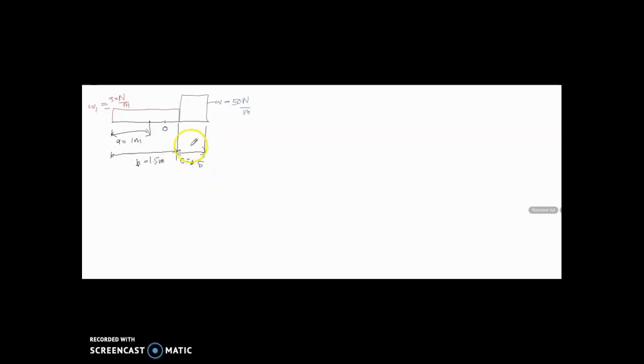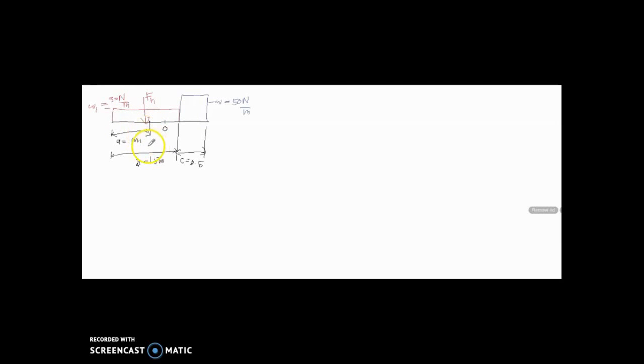From here, let's say for the first one, you need to find the force resultant of this distributed load. The force resultant normally acts at the center along the distance of this distributed load. So let's say here, this is FR1.